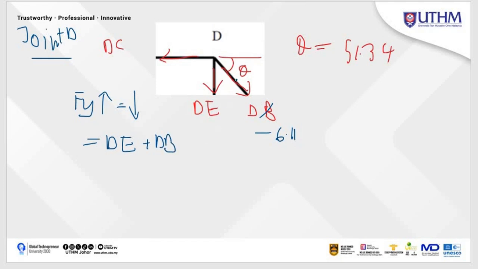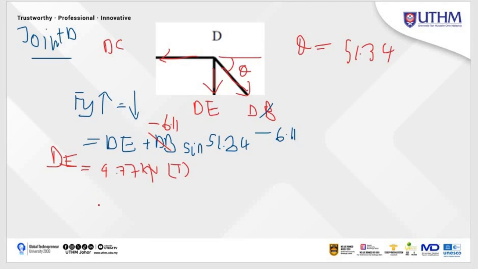So DB, theta here is 51.34. So DB here will be sine, because of the Fy direction, 51.34. Here we will have DE 4.77. So the member force of DE will be in tension.